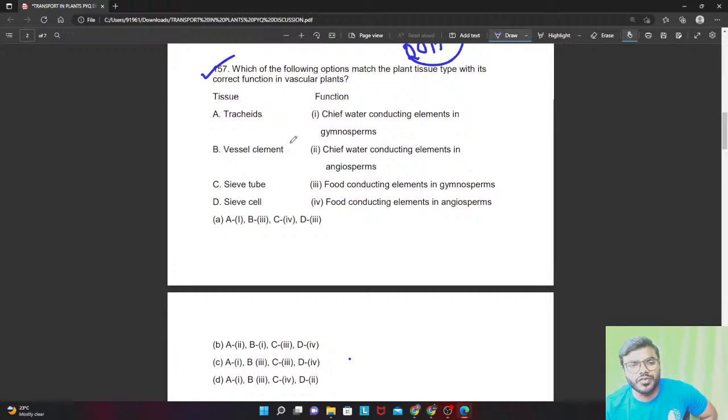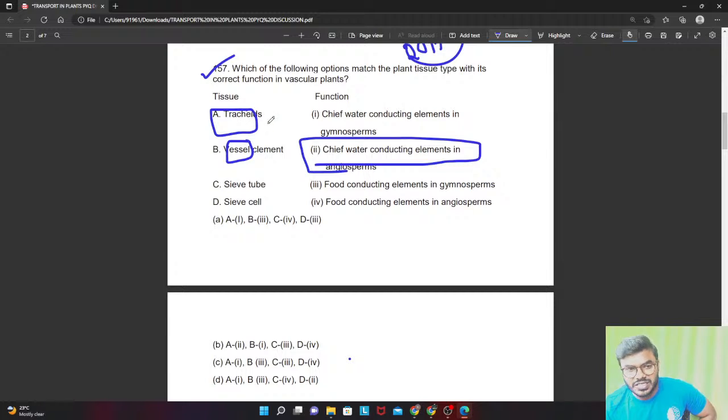Tracheids, I already told you friends, wherever you see the word vessel, they are abundantly present in the angiosperms. Correct na? And when you look into the tracheids, what are they, friends? They are the cheap water conducting elements. There is no doubt about it.